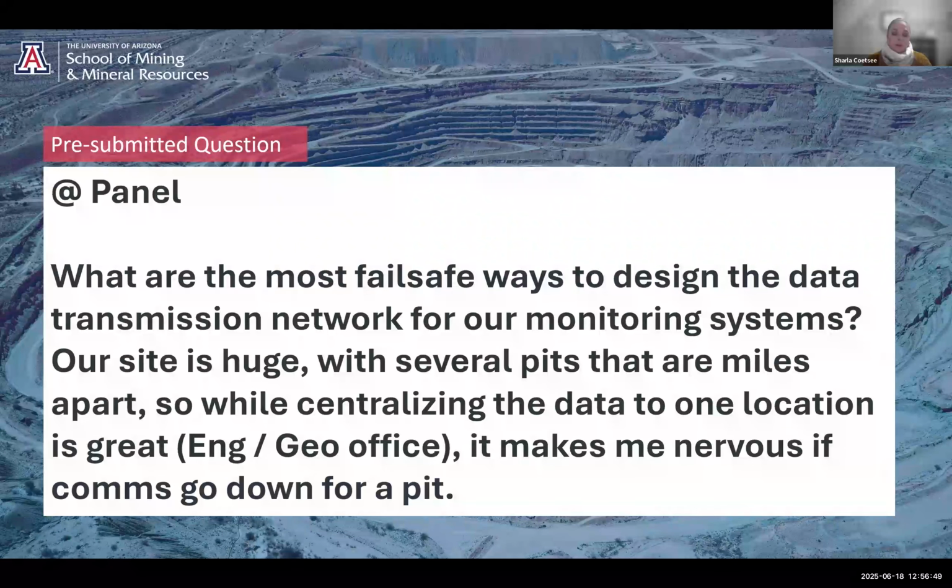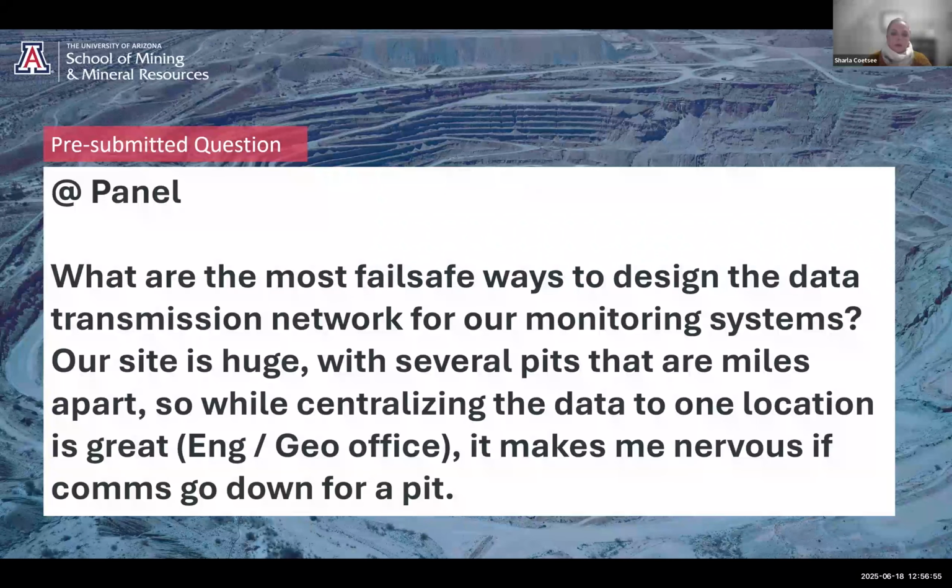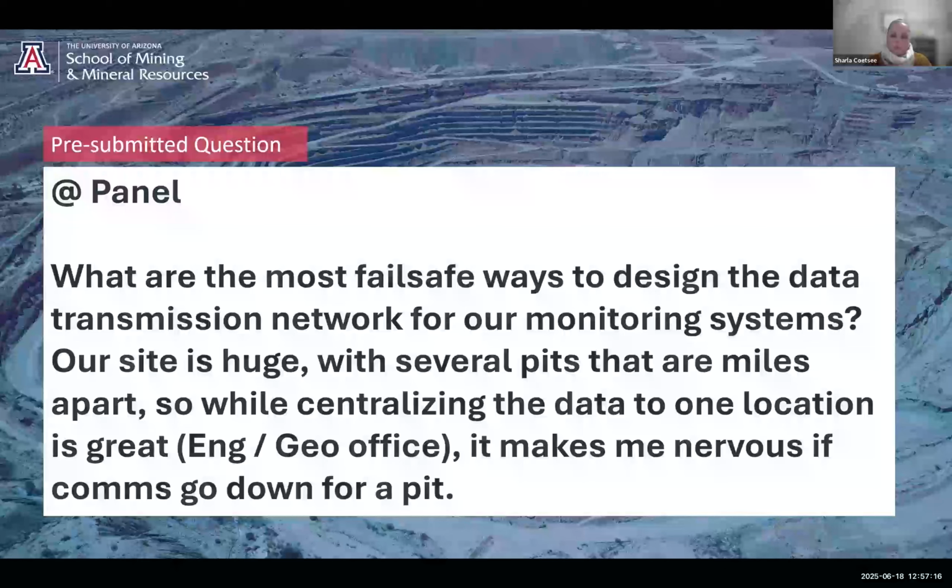So if you build that into the trigger action response plan, that if the sirens and the strobe lights go off, for example, that is a critical alarm and that means evacuation, you at least have some inherent inbuilt strategy for if you do not have comms with that pit and there's a situation whereby something untoward is actually occurring. So that's just another part of a trigger action response plan that you can think about and add if required. I hope that helps.